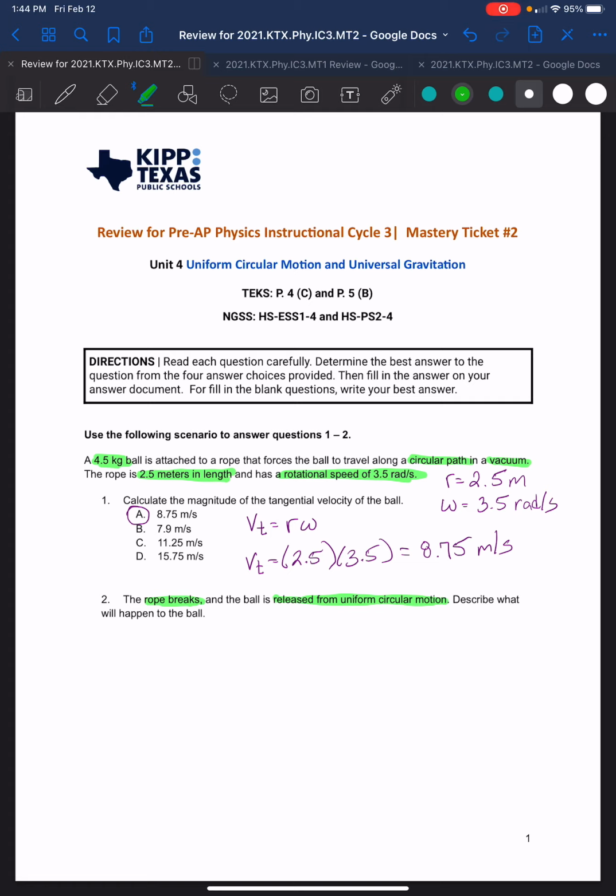The ball will travel, oops, let me write it in pen instead of highlighter.